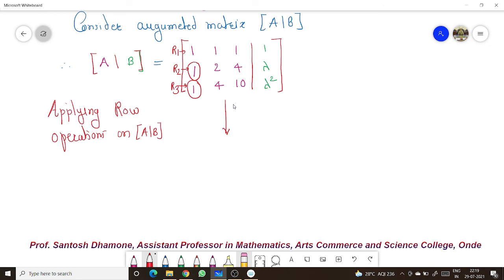We consider case first, which is no solution. If the rank of the augmented matrix AB is not equal to the rank of matrix A, then the system of equations has no solution.